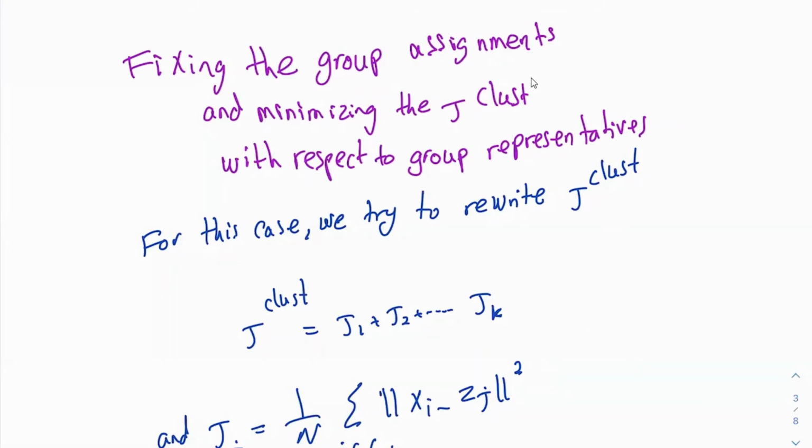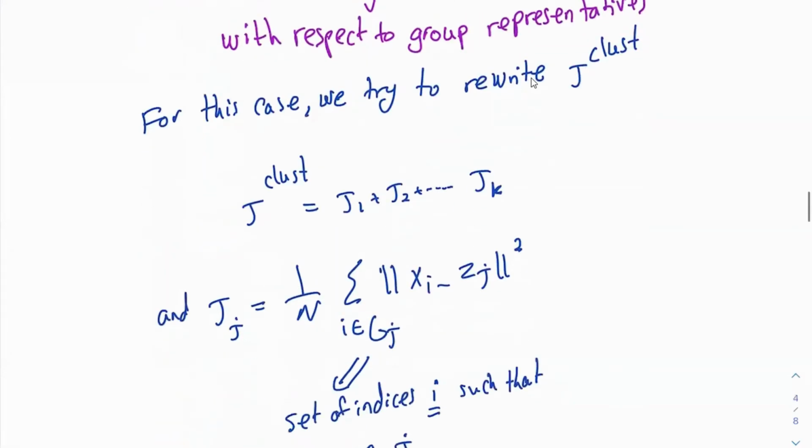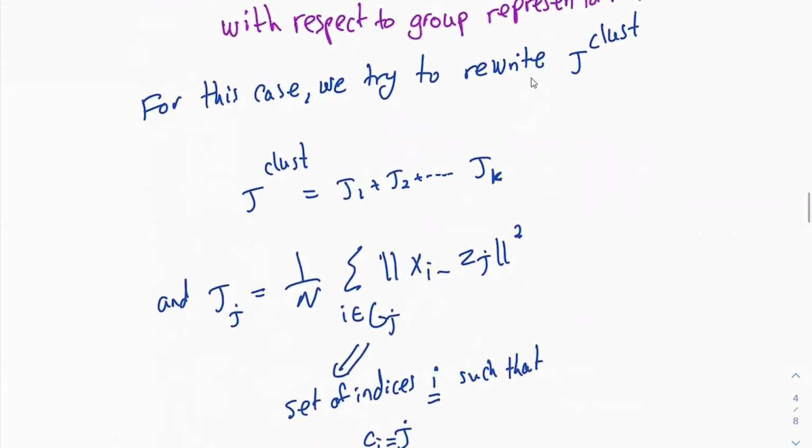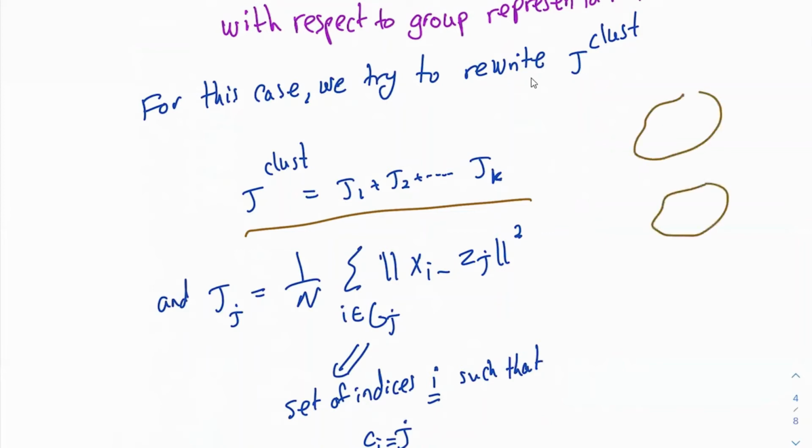Well, it turns out this one also is very easy. So remember the J class that we have. You can write it like this, where K is the number of clusters and the number of group representatives you have. This is very important. I'm going to draw another diagram here. This time, I'm going to choose K to be 4.